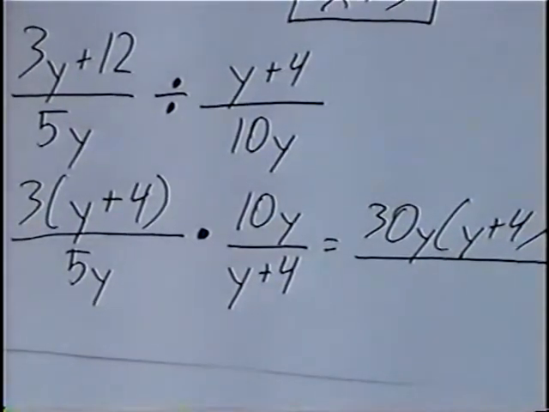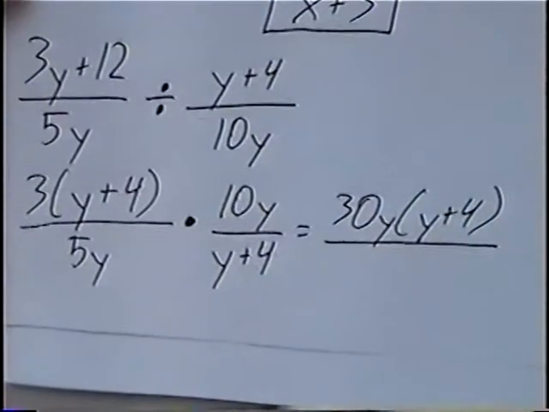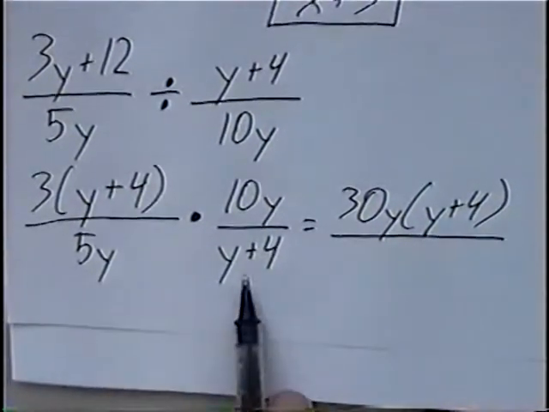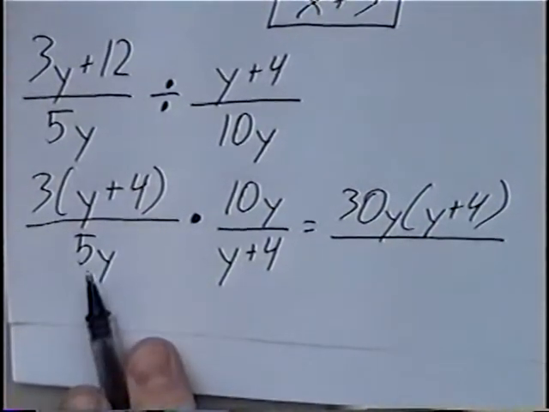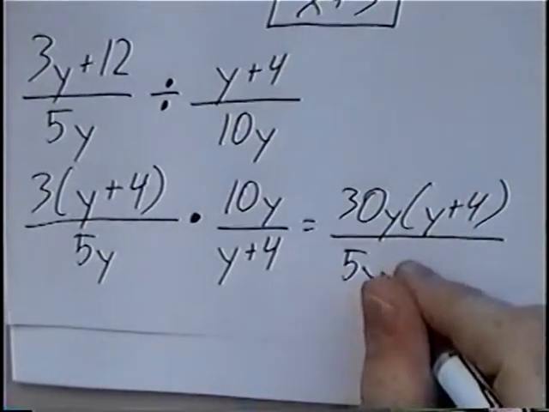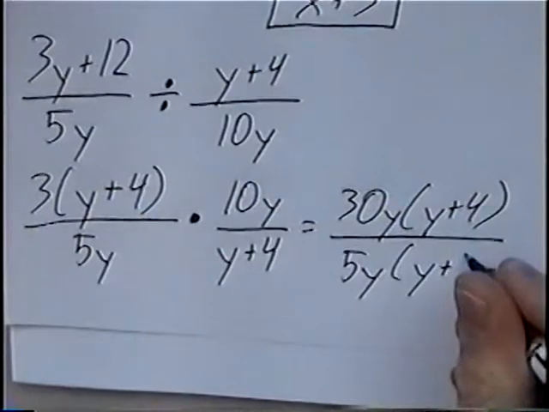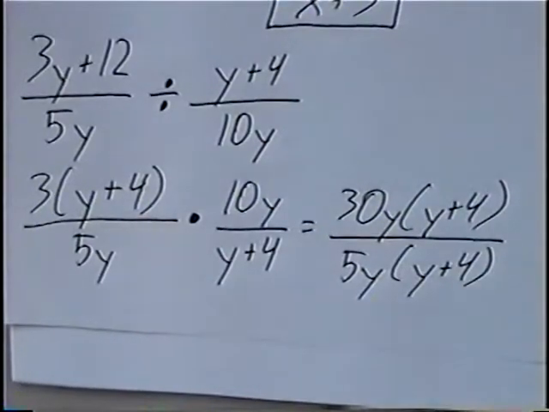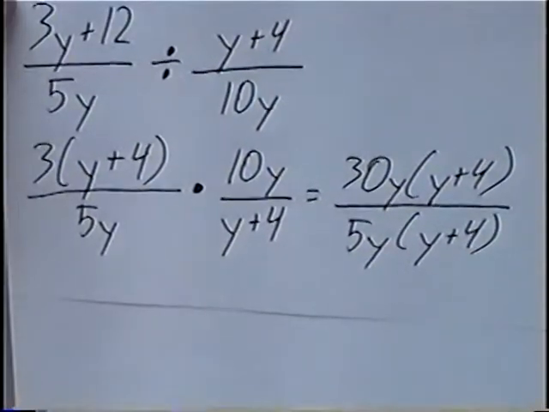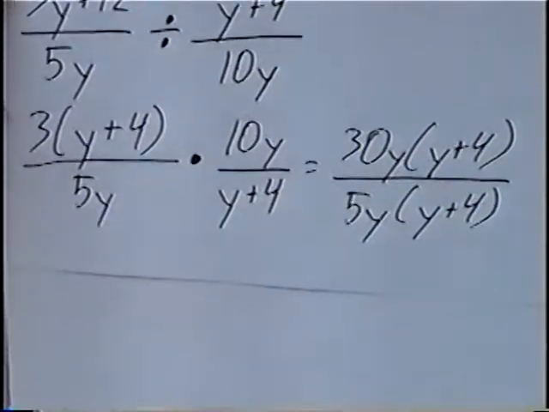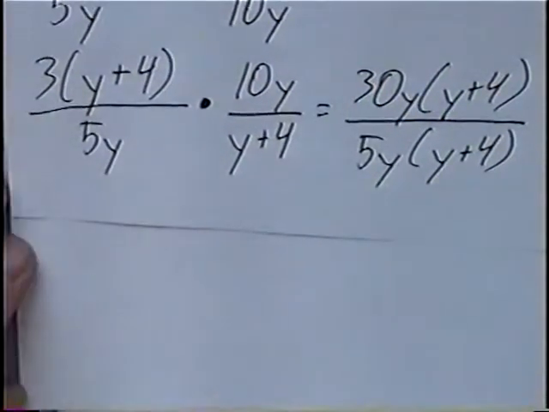For the denominator, we have 5y times y plus 4. 5y would stay the same, and y plus 4 we can leave in parentheses. From here we have a single fraction that we can reduce to get our final answer.